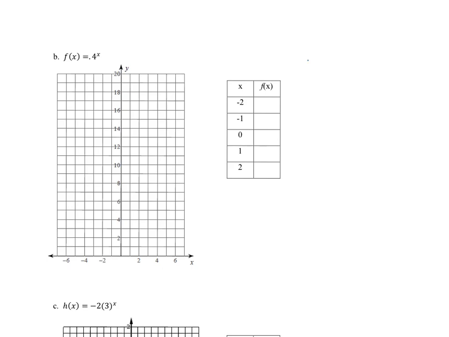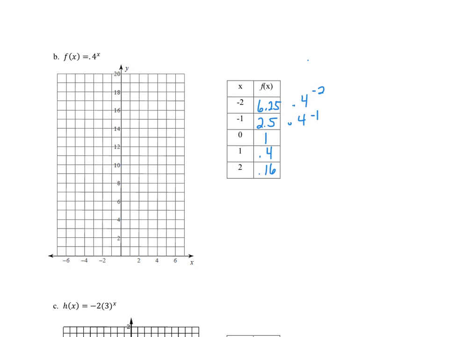In the calculator, I do 0.4 to the negative second power, which gives me 6.25. Then 0.4 to the negative 1 gives me 2.5. I keep going, and I get 1, 0.4, and 0.16.